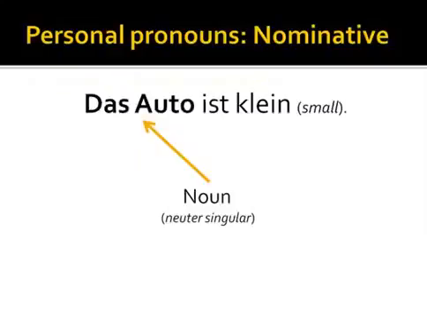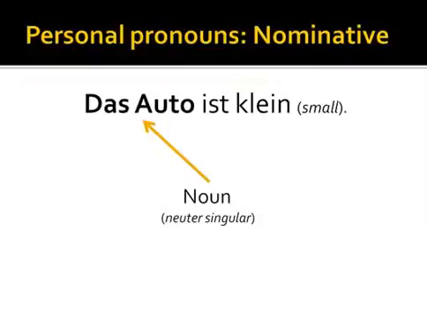Also, language systems tend towards simplicity. People using language systems don't want to be bothered by complex rules, so there's always a tendency over time for shortening. So for instance, we could say das Auto ist klein, the car is small. Now the bolded script here, das Auto, is a noun. It's also a neuter singular, so it's a third person neuter singular noun.